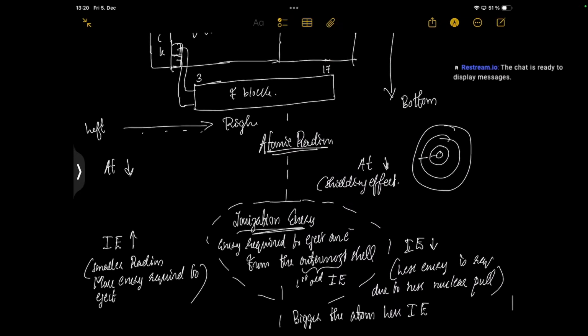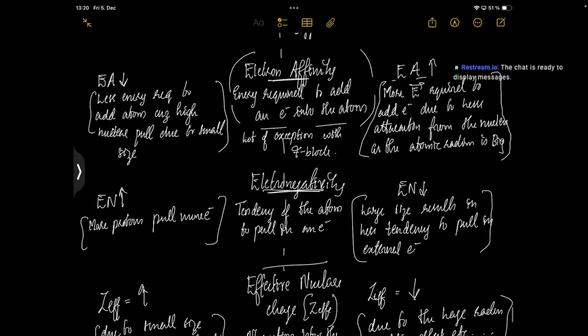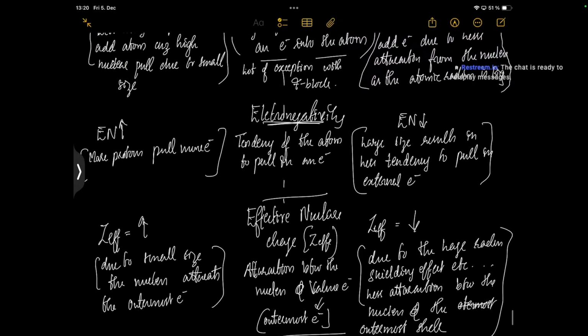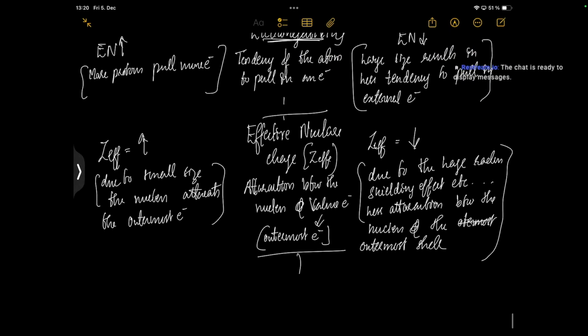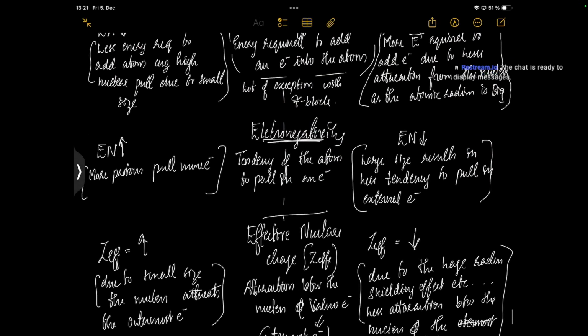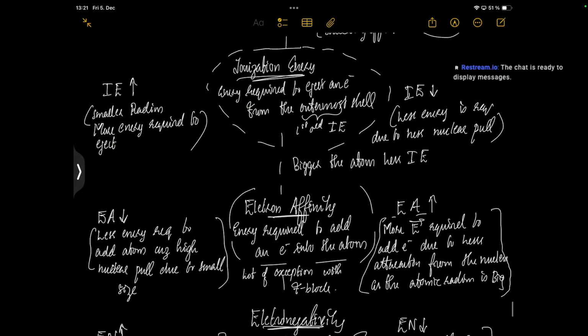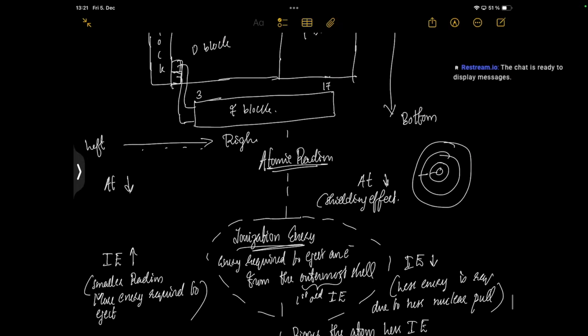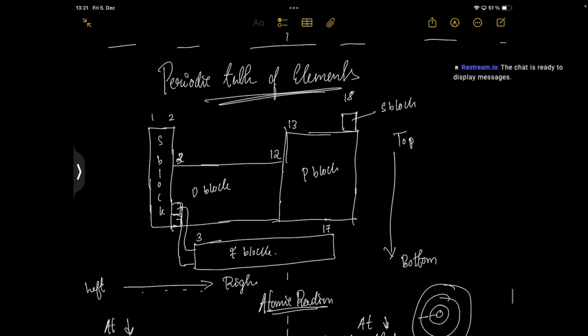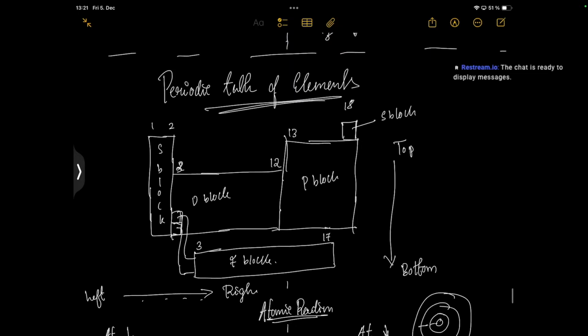So there's a lot of exceptions, but this is most of the trends that are seen in the periodic table. Effective nuclear charge, electronegativity, electron affinity, ionization energy, atomic radius. And yeah, this is basically what the periodic table looks like.